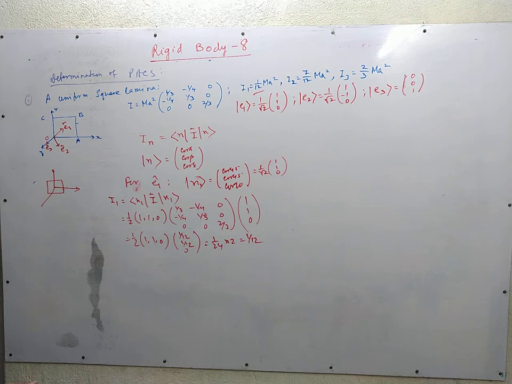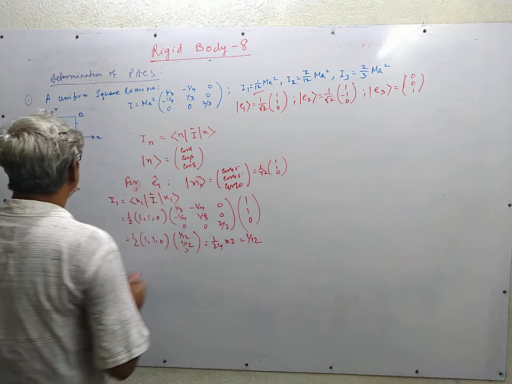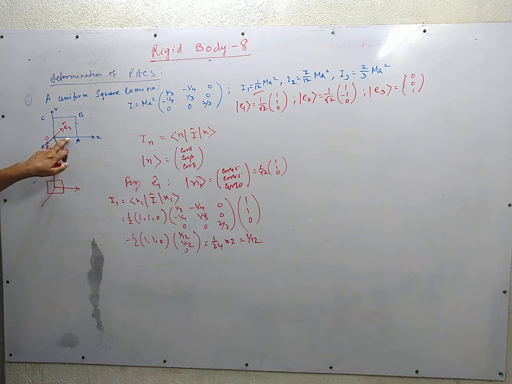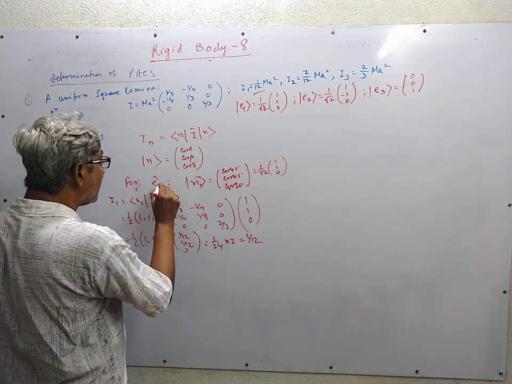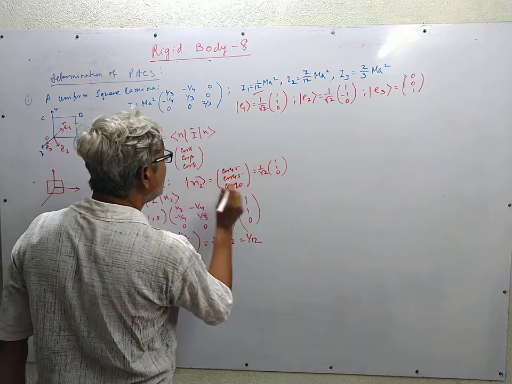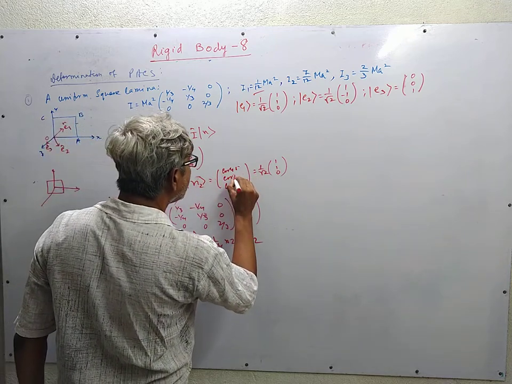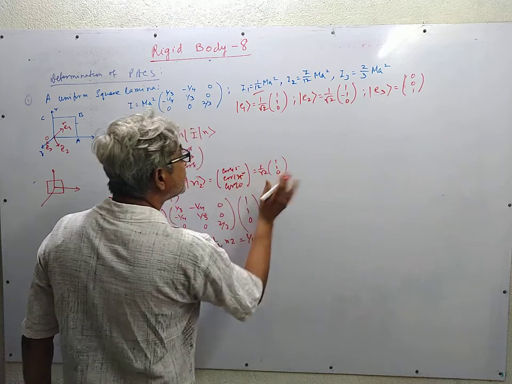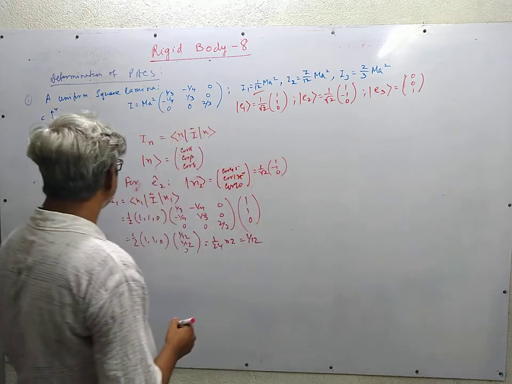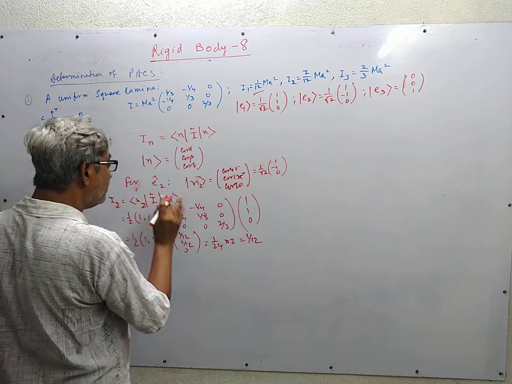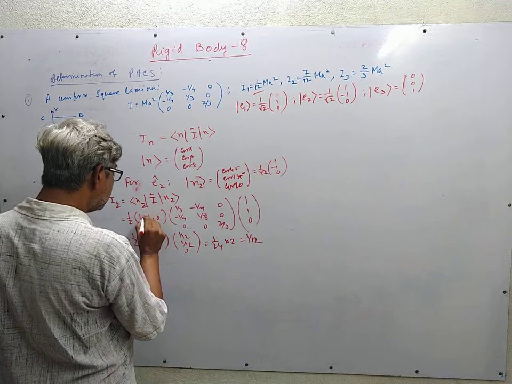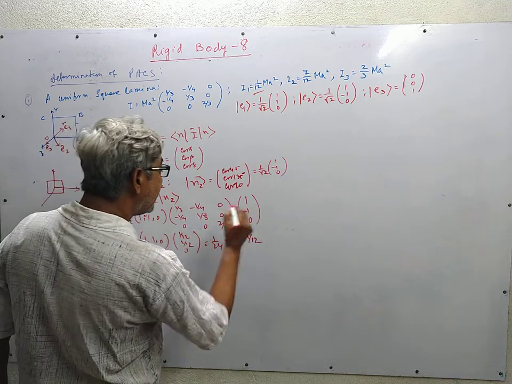And for E2, it makes a 45 degree angle with the x-axis and a 135 degree angle with the y-axis. So for E2 we have N2, and this is minus 1. Consequently we get I2 equal to N2 with this minus 1, this minus 1.